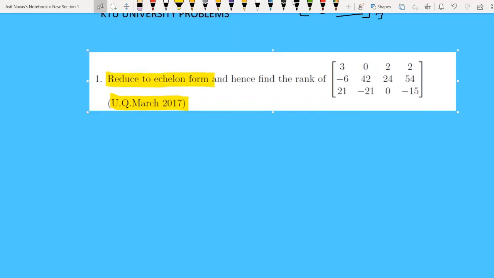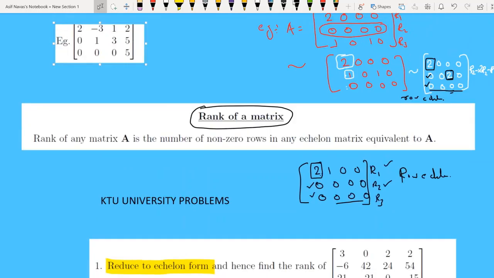Okay, did I define what is rank? So rank of any matrix A is the number of non-zero rows in any echelon matrix equivalent to A. So rank is equal to the number of non-zero rows of the echelon matrix of A. For example, here in this example how many non-zero rows are there?